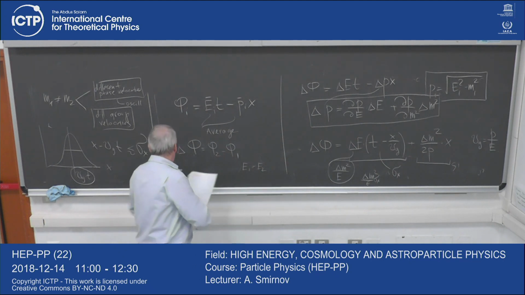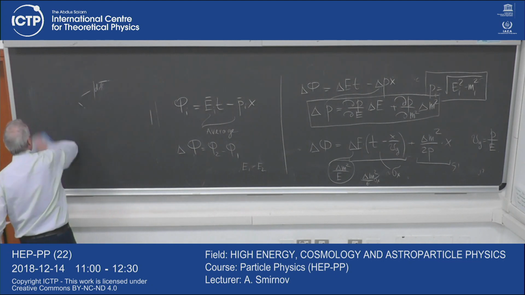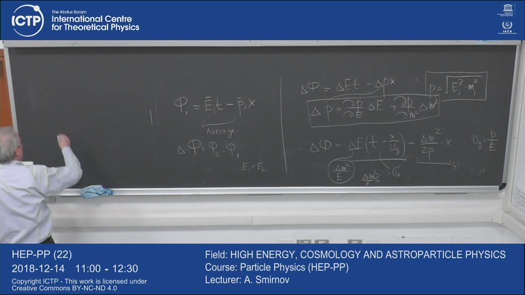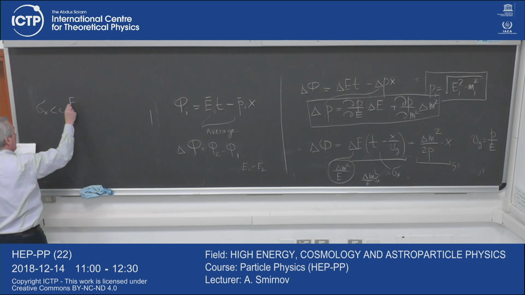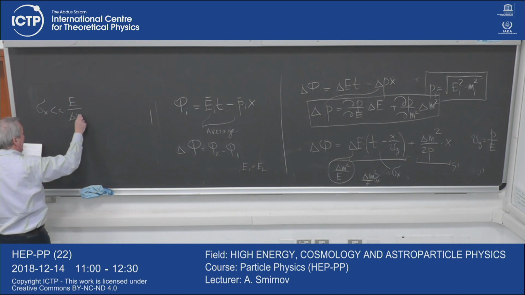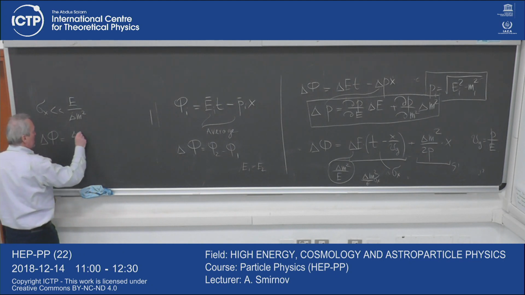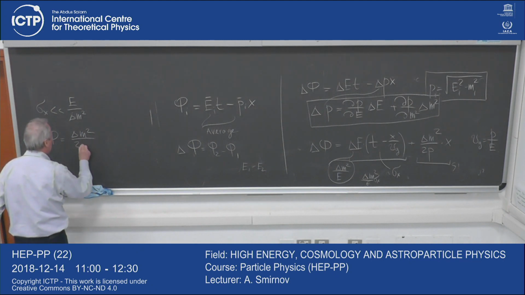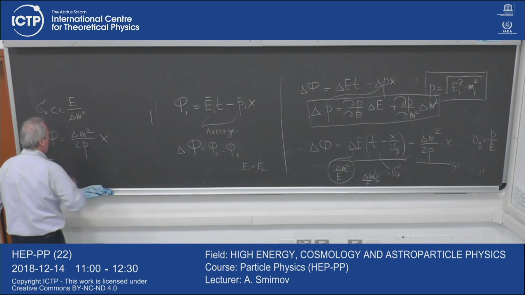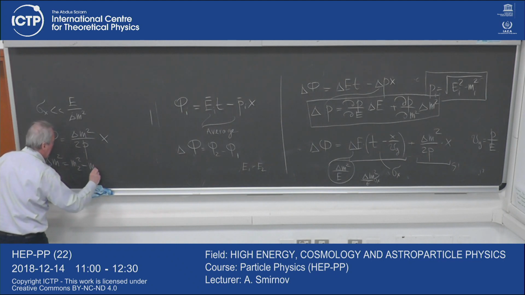So I will use a condition which is usually satisfied, that sigma x is much smaller than E over delta m squared. Under this condition, the first term can be neglected, and therefore delta phi equals delta m squared over 2 times the momentum or energy, multiplied by x. And delta m squared is m2 squared minus m1 squared.